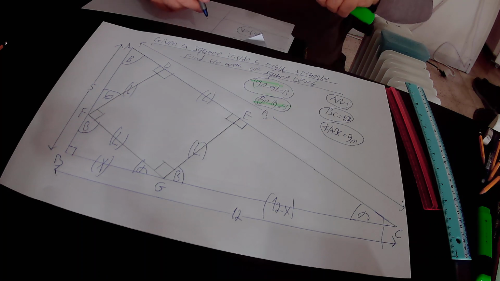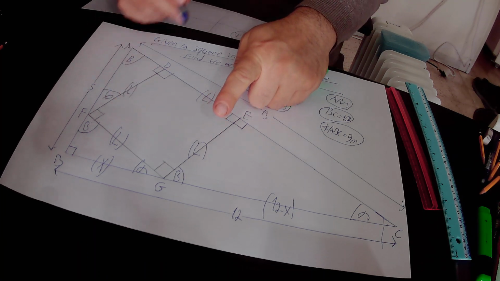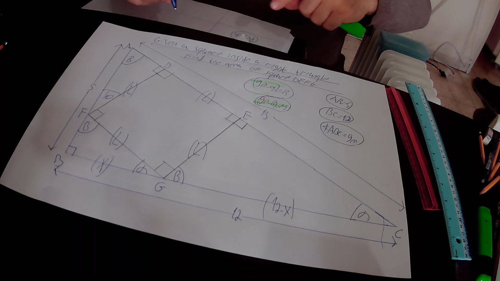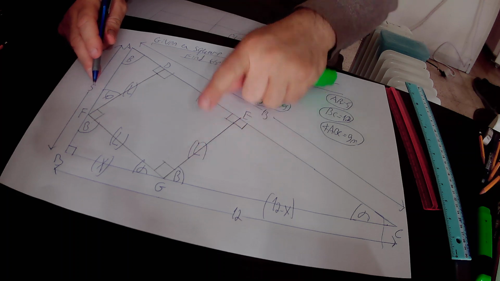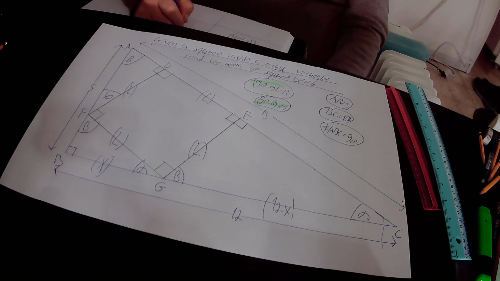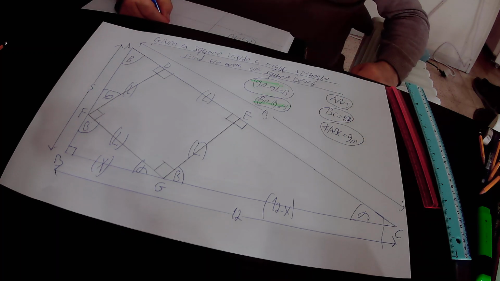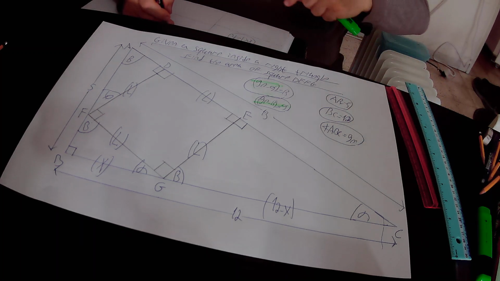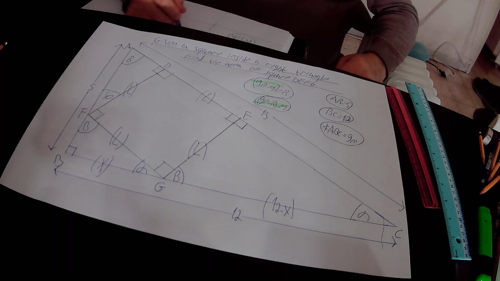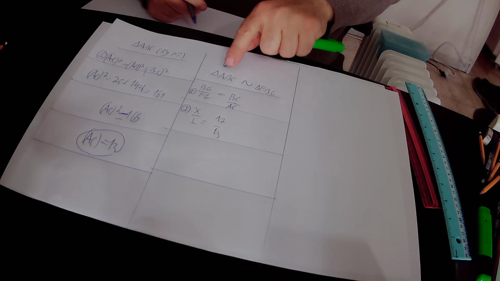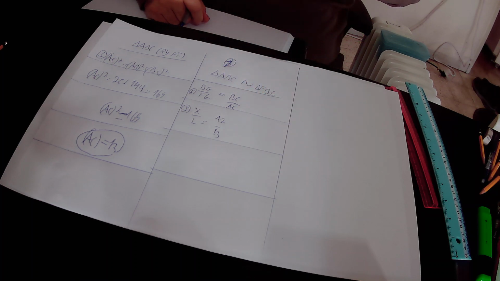So BG is x over FG. FG is L. BC is 12 and AC is 13. So in conclusion, according to equation 1, x over L equals 12 over 13.